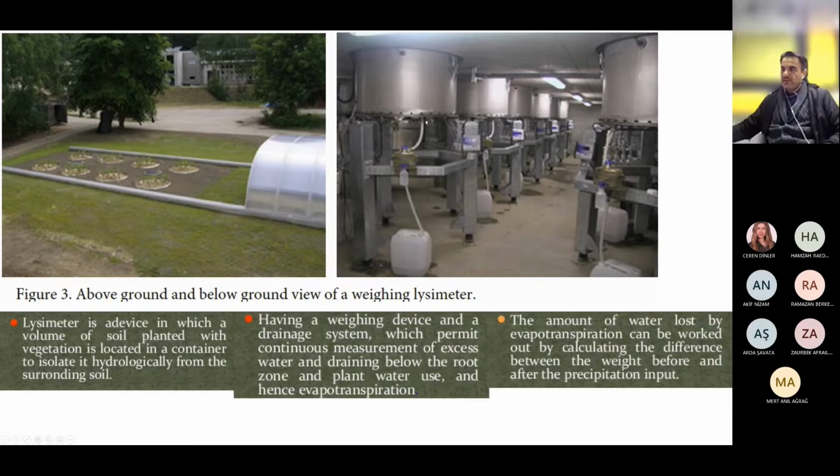There is a tube, like here, you see a hose that allows you to measure the percolation, or the amount of water that goes out from the tank. At the beginning, and these instruments also allow us to measure the weight of the isolated area of soil and crop at the beginning and, for example, after a day, okay?